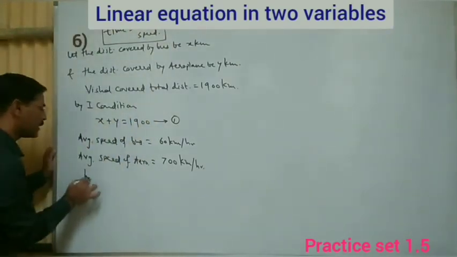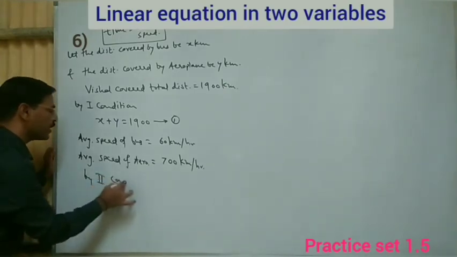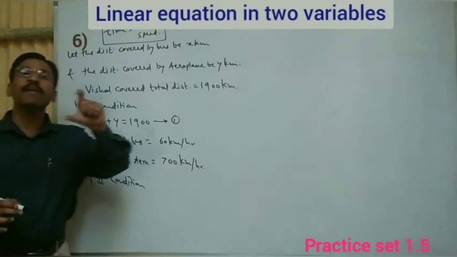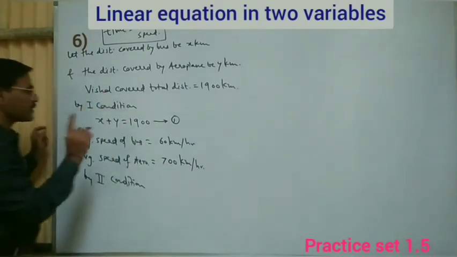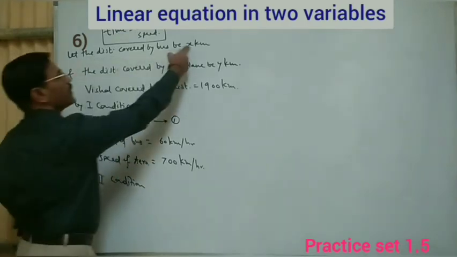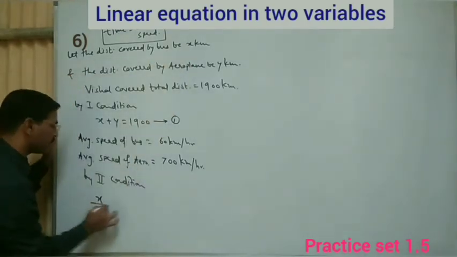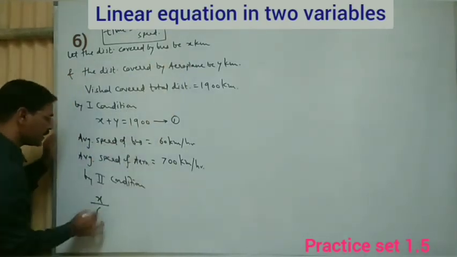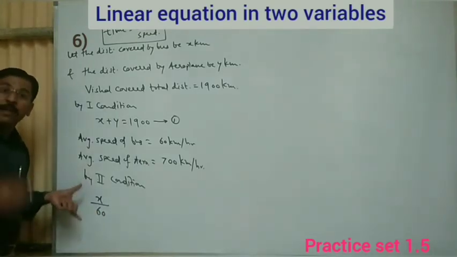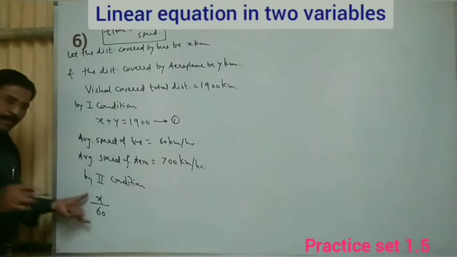So by the second condition, the time required to cover by bus: distance covered by bus is x kilometer, speed of bus is 60. This is the time covered by bus.